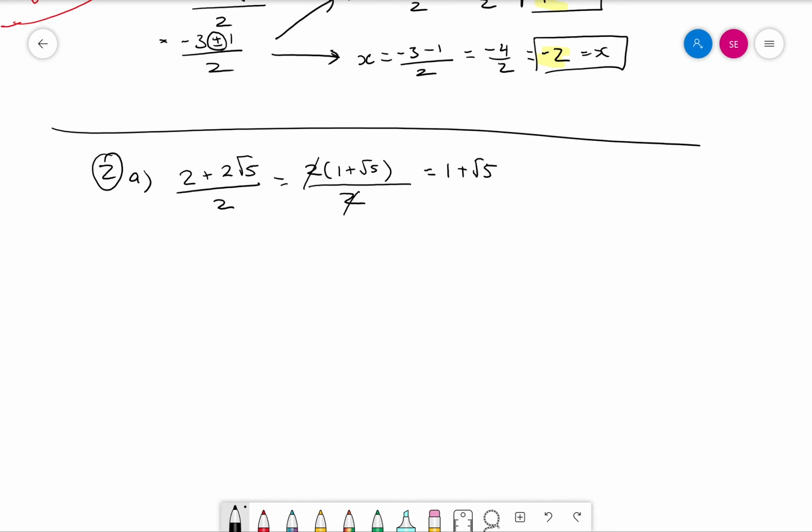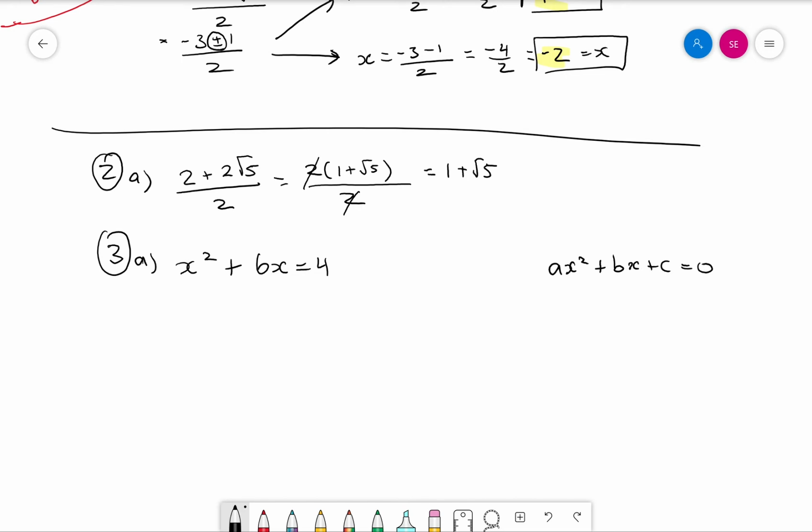Now the next question we'll do is question 3a. So we've got the quadratic equation x squared plus 6x is equal to 4. So we want to make it look like ax squared plus bx plus c is equal to 0.